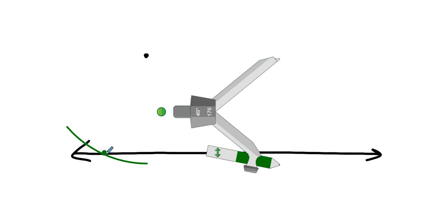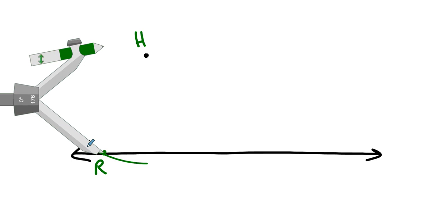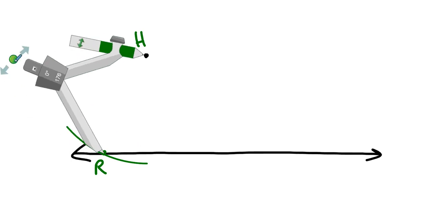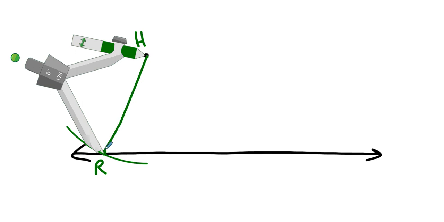What we're really going to do is make a rhombus. And here's why. What do we know about the opposite sides of a rhombus? We know that they're parallel. So if we make a rhombus where RH is one of the segments of the rhombus, we're in great shape.